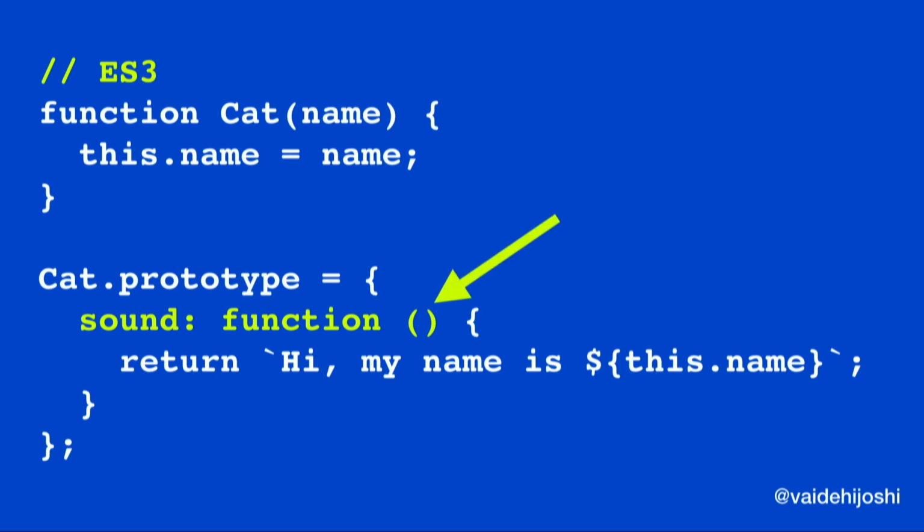We'll see that we're defining sound as a property with a function as the value. Now, we'll notice that this function isn't just returning a static string. It's doing some dynamic work. It's using this.name, and it's concatenating a string, which means that depending on what instance of this cat class you call this function on, you'll get a different value.